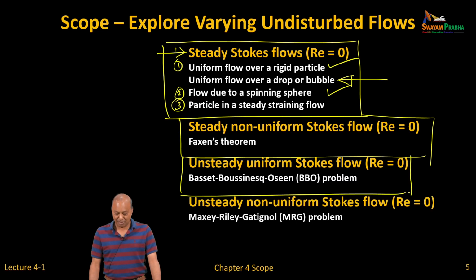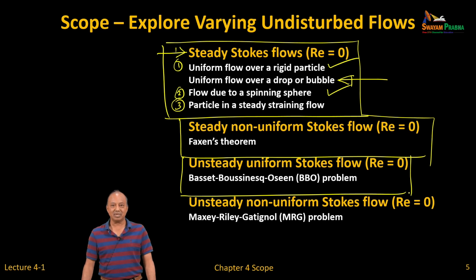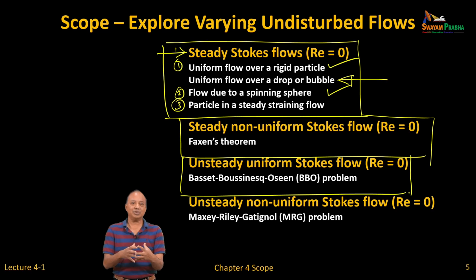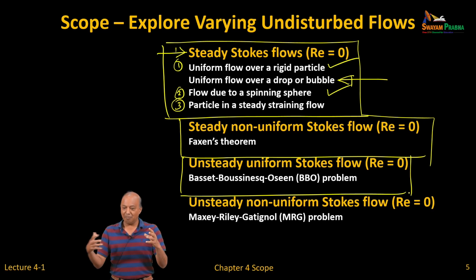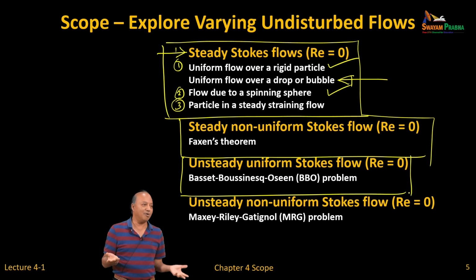And the last bit, which is the Maxey-Riley-Gatignol equation, puts these two complexities together: we are in the 0 Reynolds number limit, the Stokes limit, but we are talking about a particle seeing a complicated spatially varying flow changing over time.